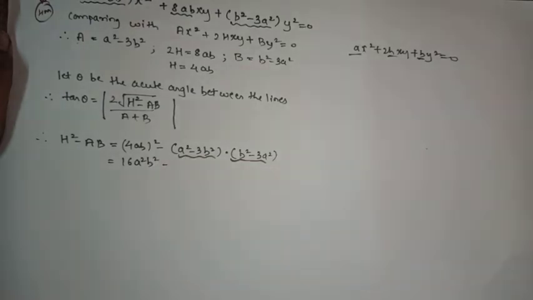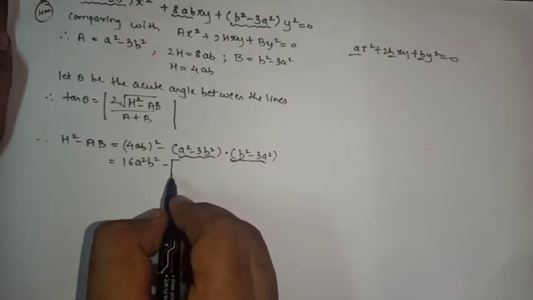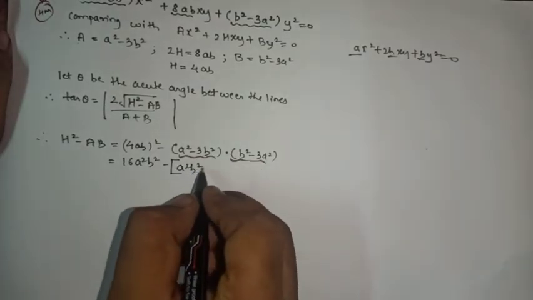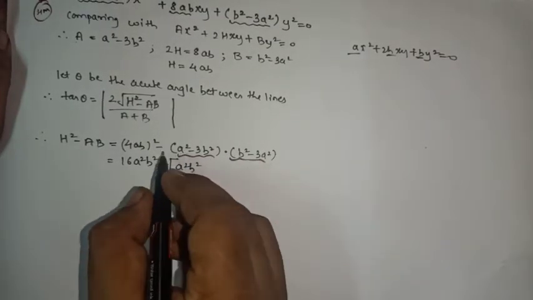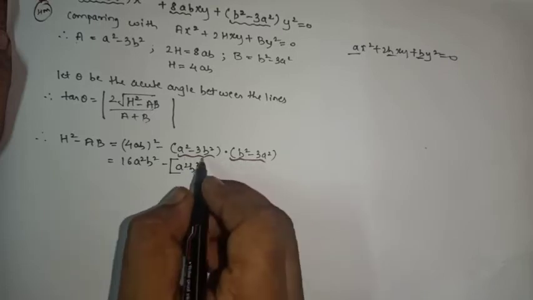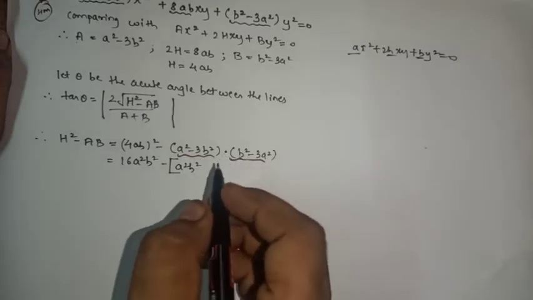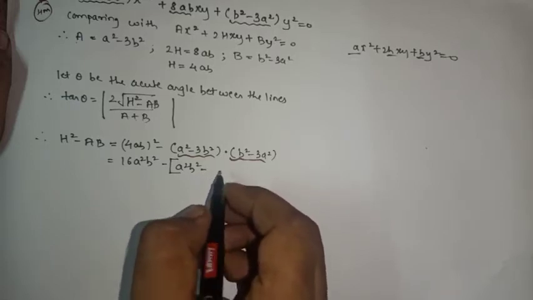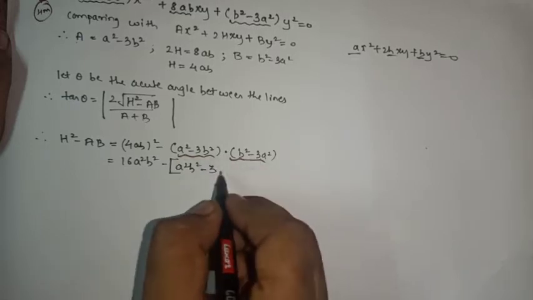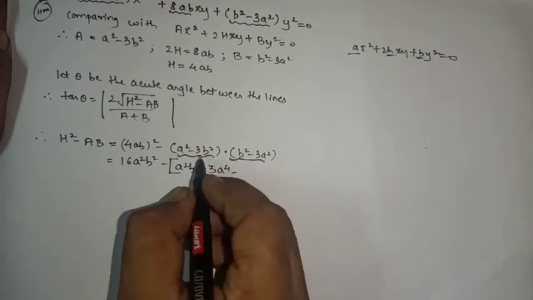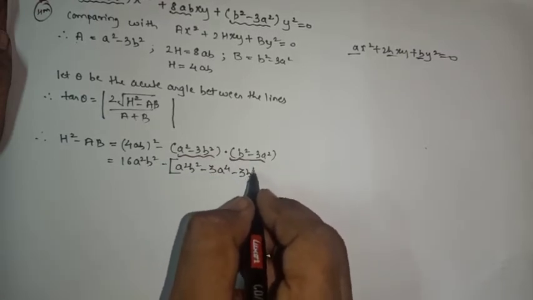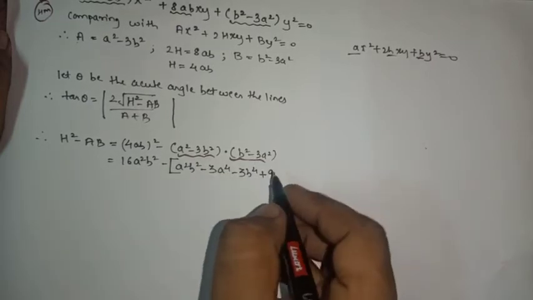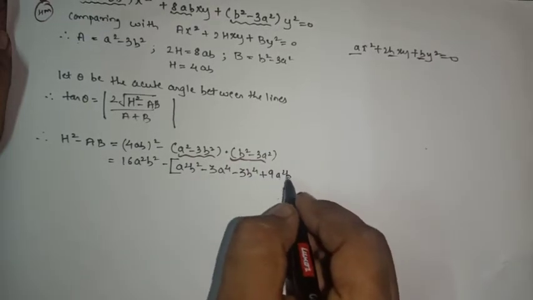We'll keep this minus as it is. So inside the bracket we'll solve a square b square, so this will be a square b square. We'll keep this minus as it is. First bracket expand between these two: a square b square minus 3a raised to 4 minus 3b raised to 4, minus minus plus, 3 3s are 9, and this will be a square b square.